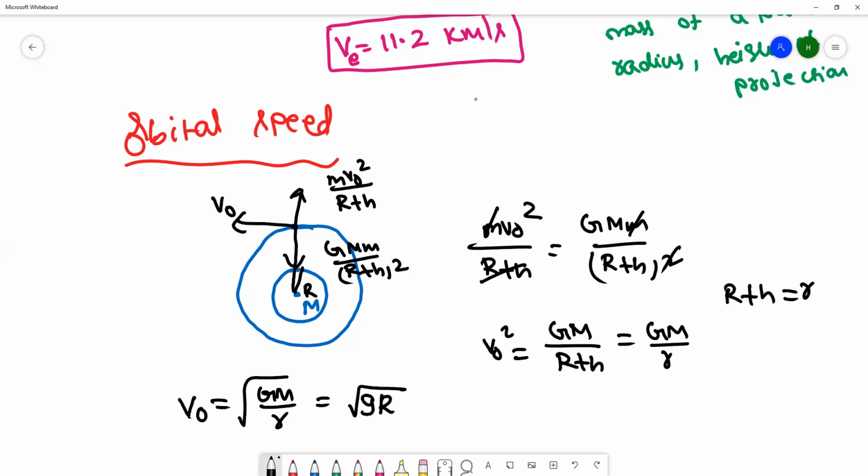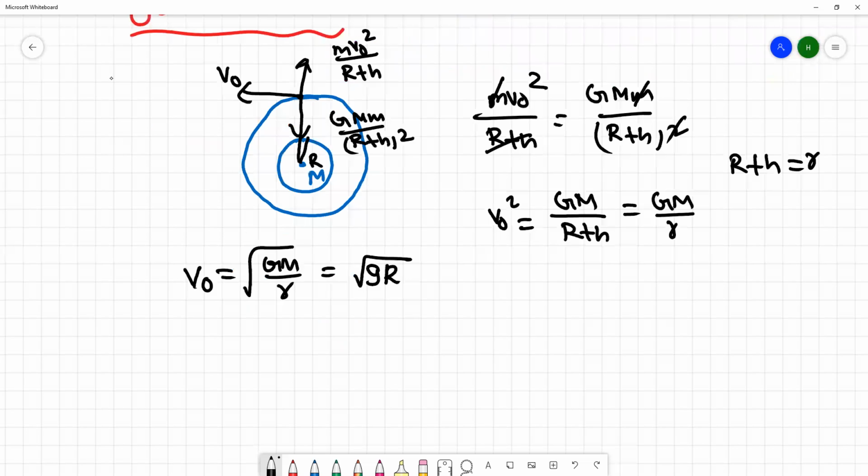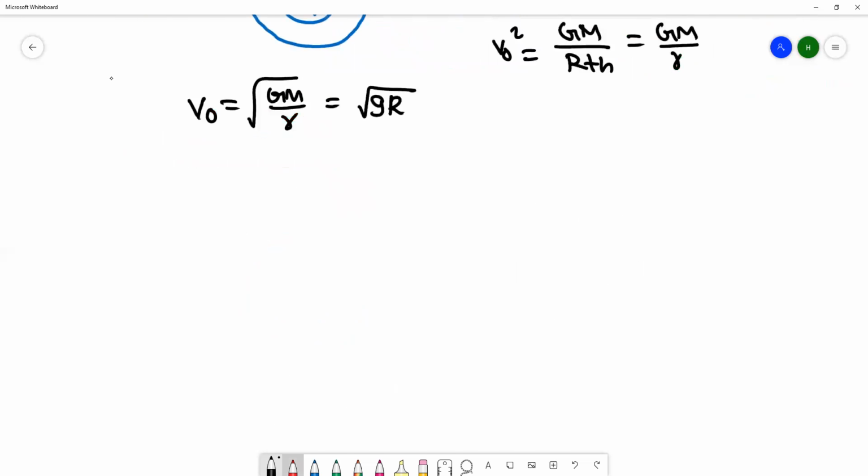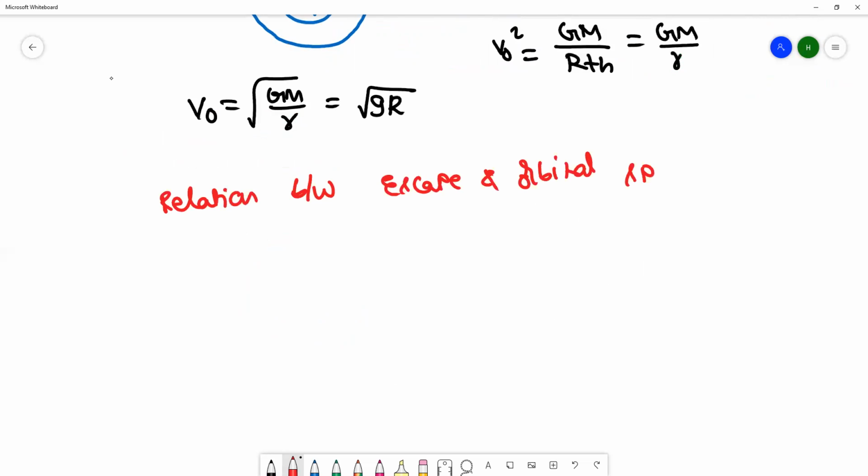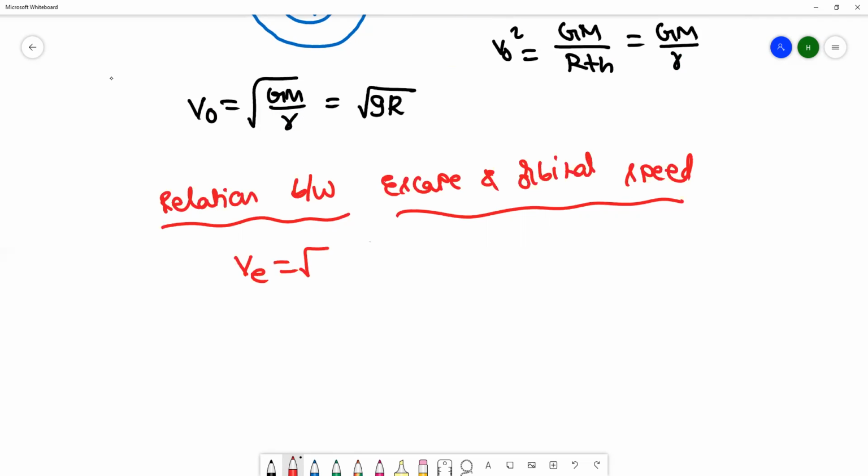So what about the relation between escape velocity and orbital speed? Already we know escape velocity V is equal to square root of 2 into square root of gR.